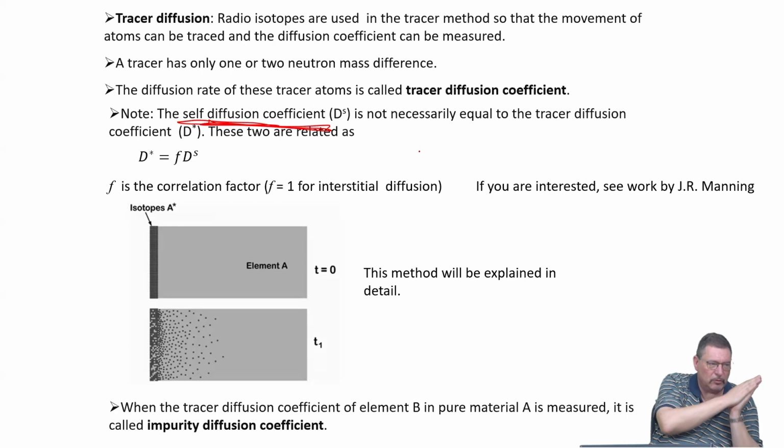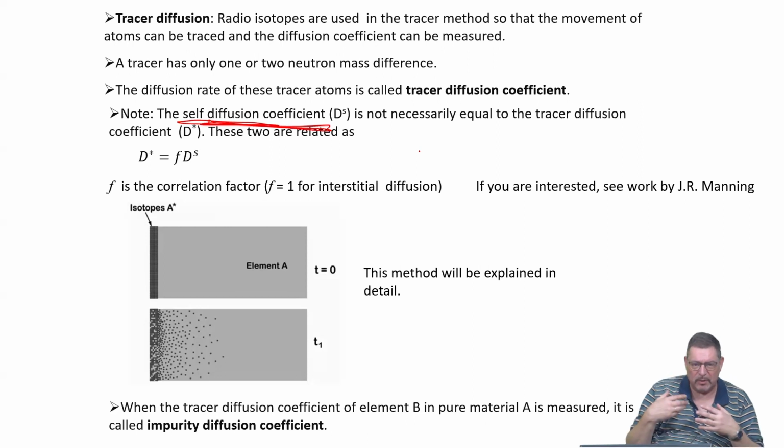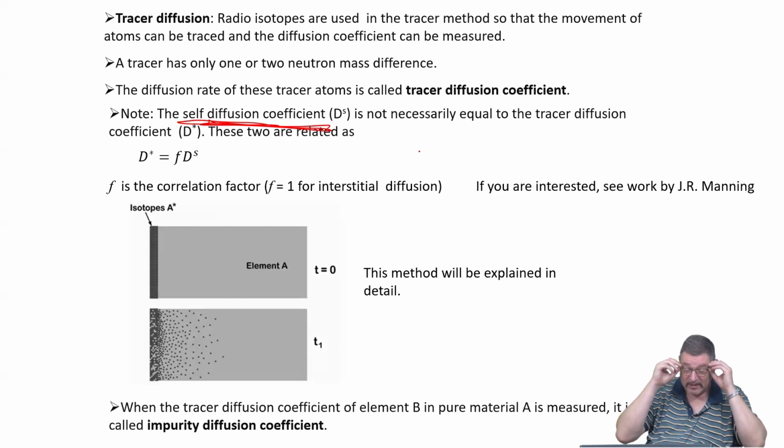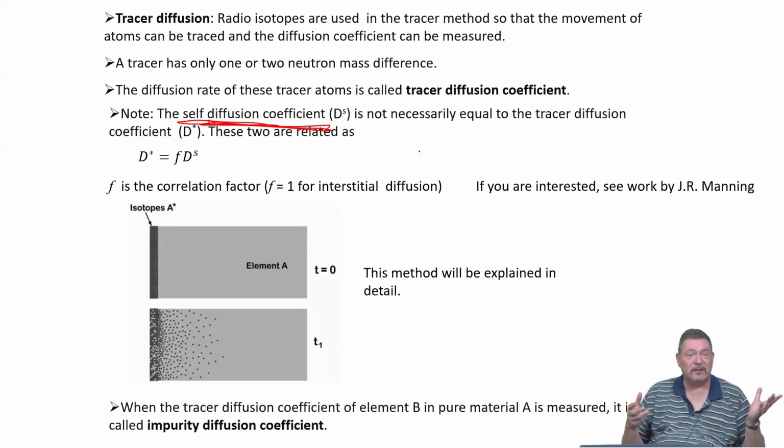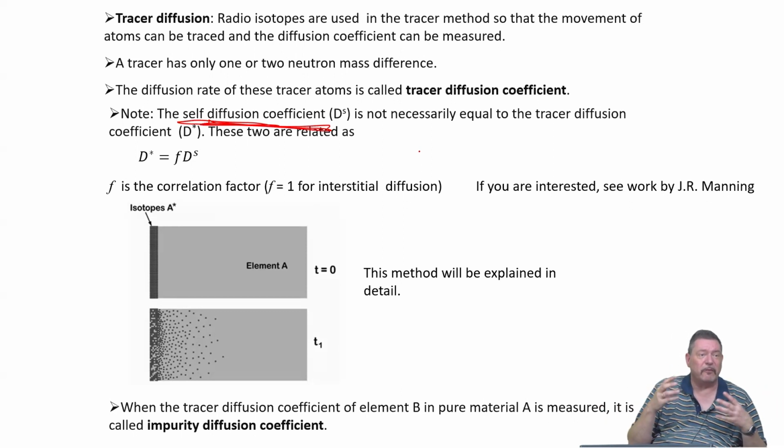If you want to look into that, you look into the very basics, fundamentals of diffusion, because then people are applying so-called five-frequency models. They were first invented by Manning, where, for FCC lattices at least, it was speculated that there are five principal frequencies by which vacancies can move through the lattice.